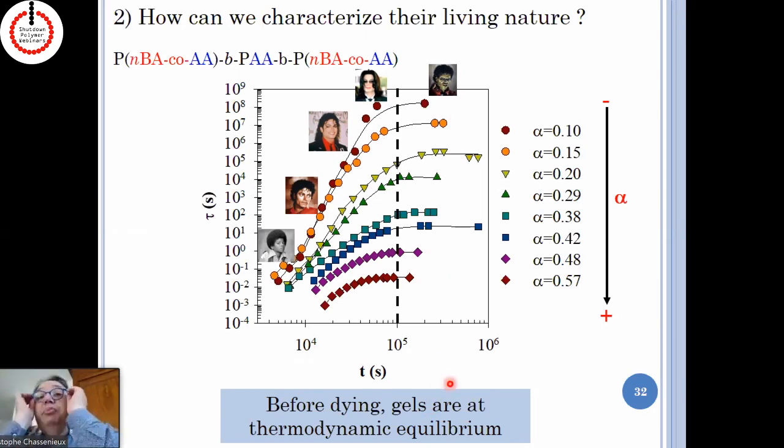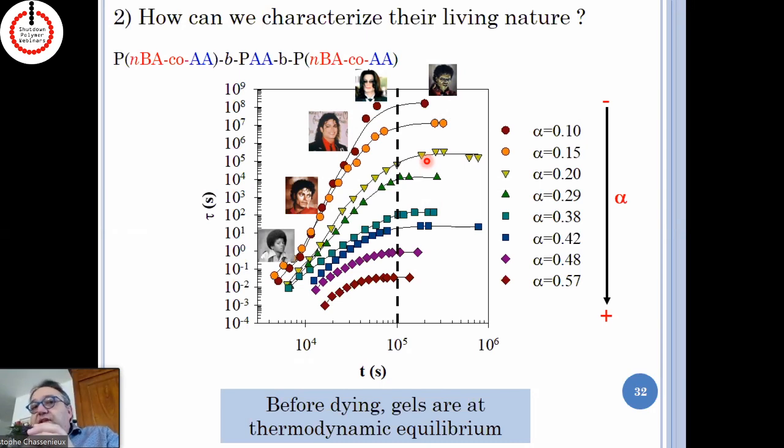So it's very important because now if I look from the application point of view, I have the possibility to use this system to control the rheology of complex fluid. If you go to an industrial company and you say, I'm able to design a hydrogel that will display a frozen nature, they will tell you, okay, nice, but if I have to wait a lot of time before having this system at equilibrium, it's not possible.